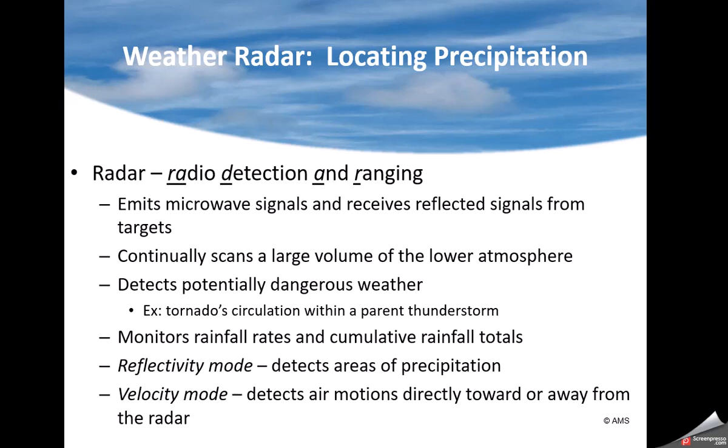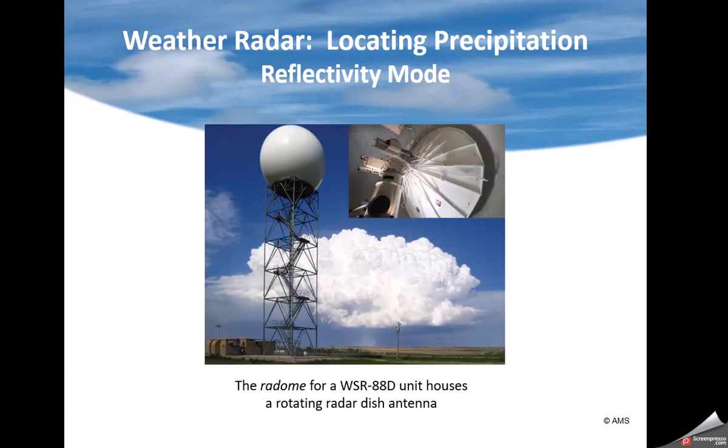Velocity mode detects the air motion directly toward or away from the radar. By knowing that, I can tell how the precipitation is moving. It gives me both the speed and the direction. Here's what it looks like. And yeah, it's not much fun for somebody that doesn't like heights like me to climb up to the top of that, but I have a few times.